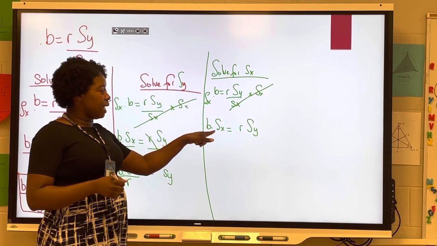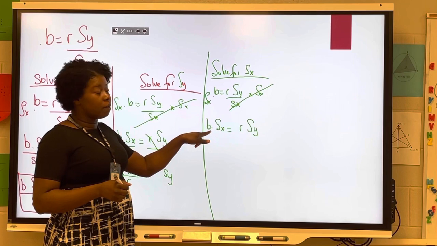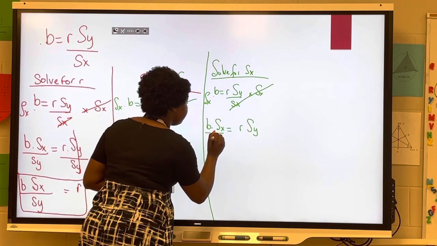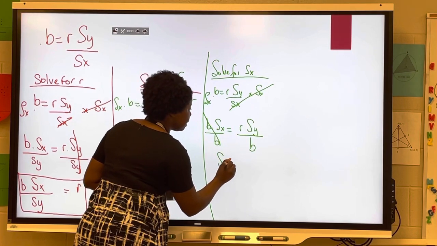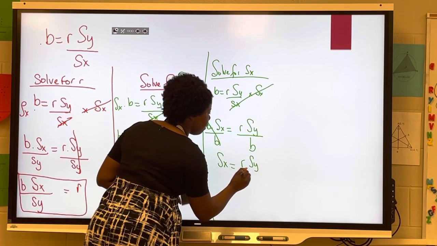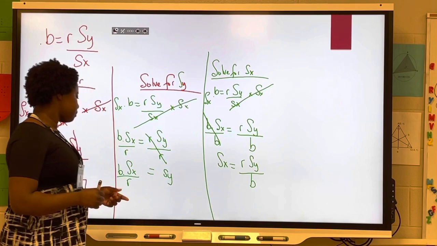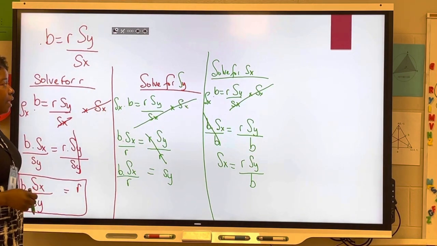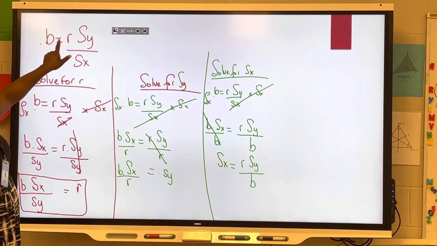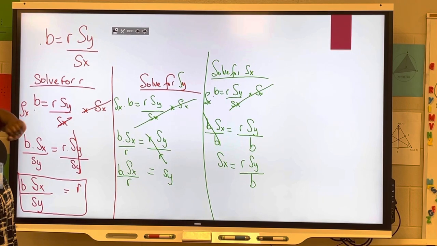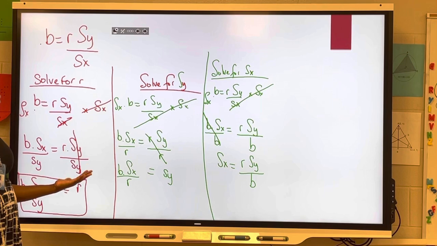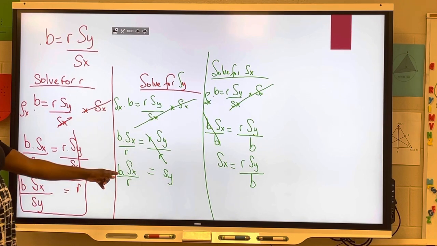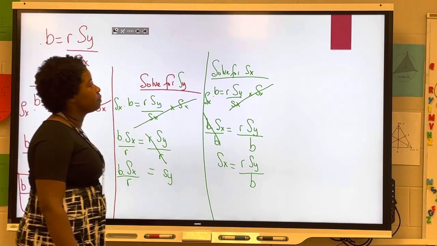Since we want sx by itself and these two are multiplying, we must divide by b on both sides. If you cancel that, sx is equal to r sy over b. Again, that's the equation to find your sx. So from this one formula, you can derive three other formulas, and it should help you find whatever variable you have missing.